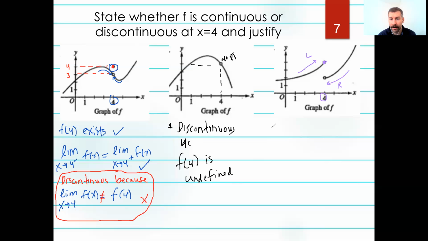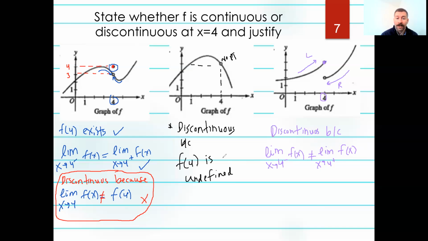So right there is the reason why it's discontinuous, because that second condition fails. And I can literally use my definition: the left-sided limit as x approaches 4 of f of x is not equal to the right-sided limit as x approaches 4 of f of x.